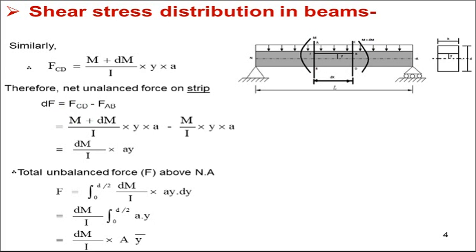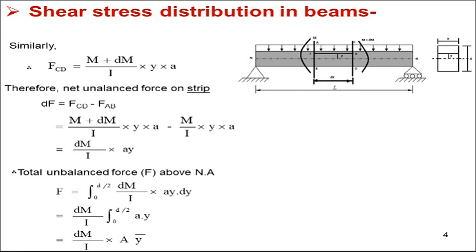So we can put the force values here: M plus dM divided by I into y into a, minus the force at AB that we already determined, M upon I into y into a.